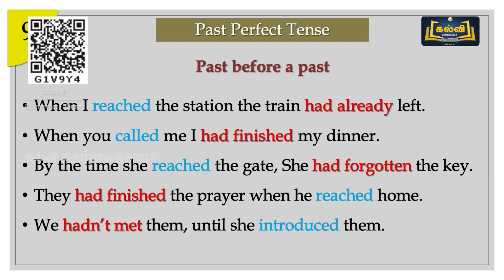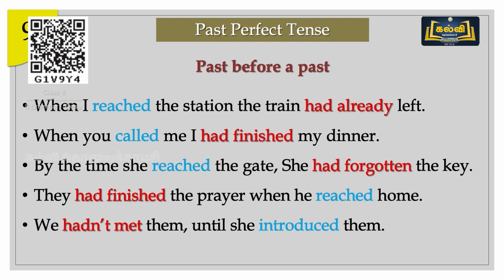They had finished the prayer when he reached home. So when the fellow reached his home, his family members had already finished their prayer. So you can express a past action which happened before a past which was complete in past perfect tense.